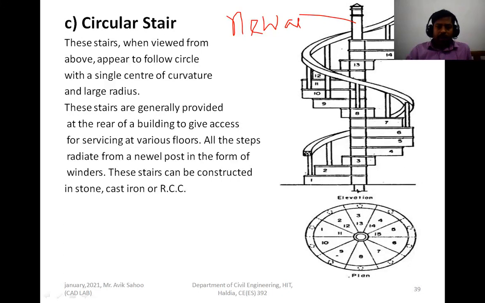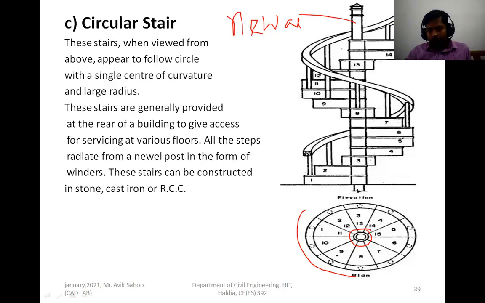So all the steps, you see, are radiated outward from the newel post, and this is the plan view that is drawn. This one is a newel post, and from the newel post all the steps are radiated outward.